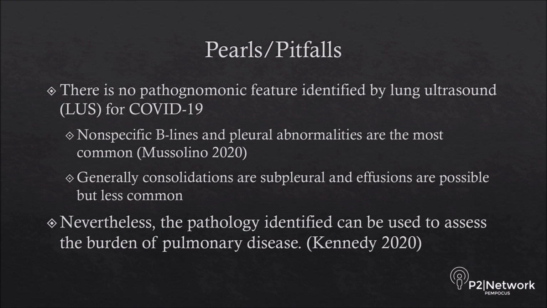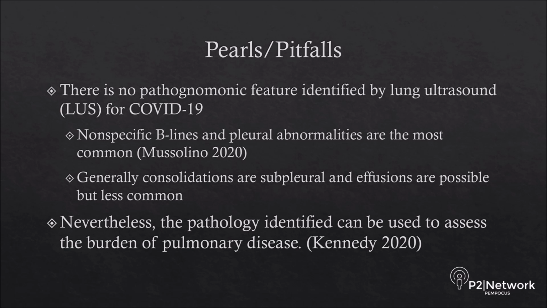So lung ultrasound has a lot of pearls, but also has some pitfalls, particularly in COVID-19. There's really no pathognomonic feature that you can look for in lung ultrasound for COVID-19. Yes, you get a lot of non-specific B lines and lots of pleural line abnormalities, which are by far the most common. And you can see consolidations, and they're generally subpleural, and you can get effusions.